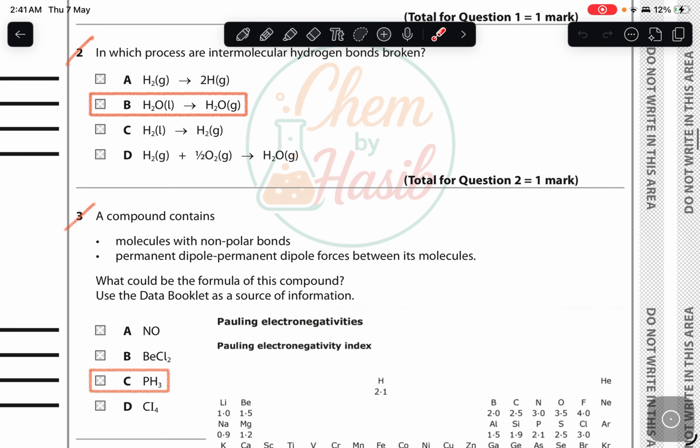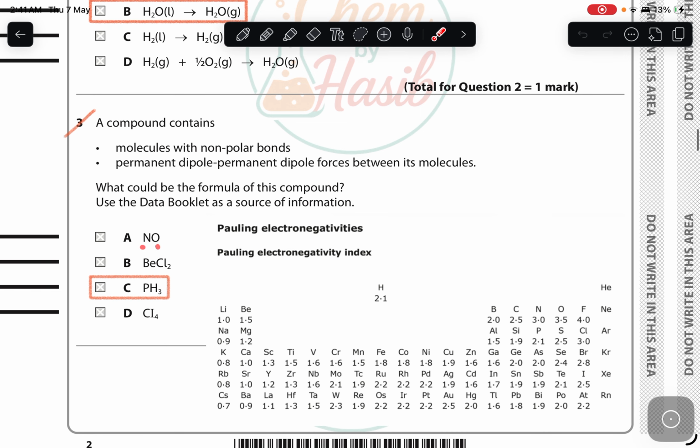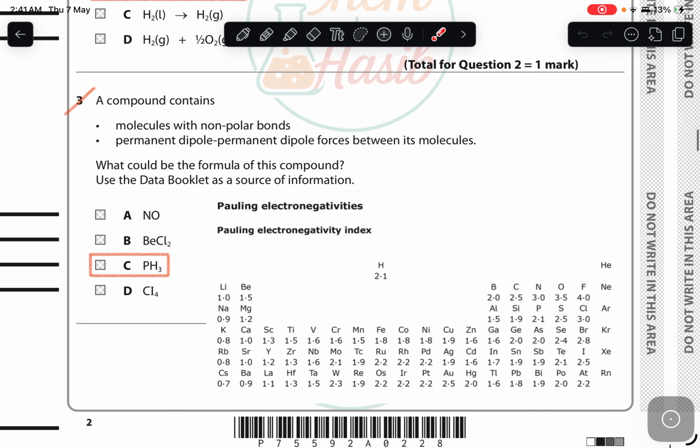Question number 3, it says a compound that has molecules with non-polar bonds and permanent dipole forces between its molecules. Now, I have already placed the Pauling electronegativity index, which is found in the data booklet, because they asked you to use the data booklet.